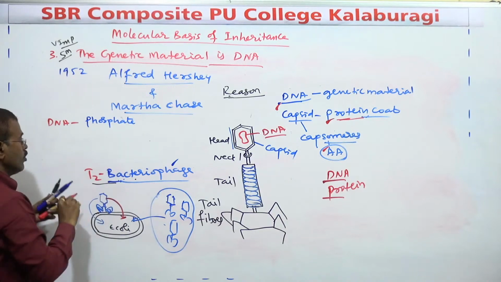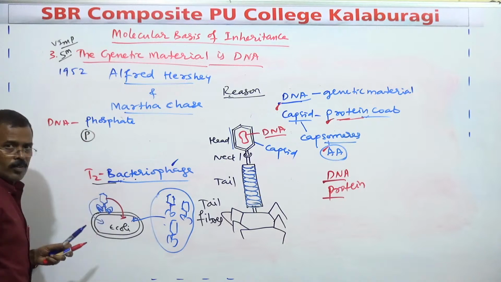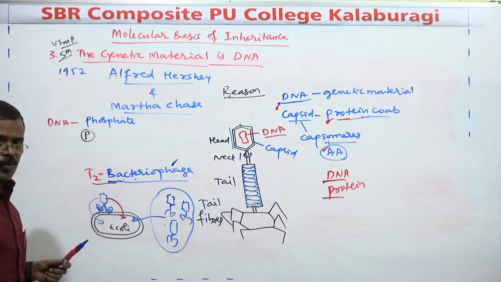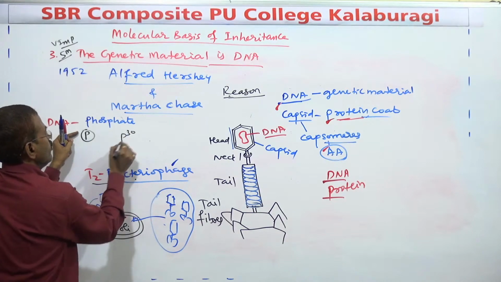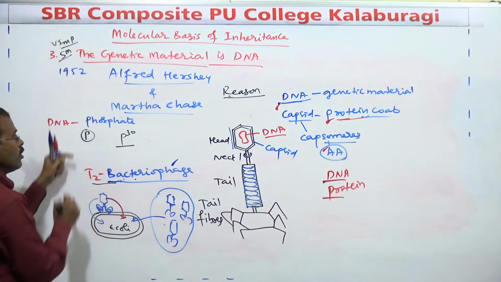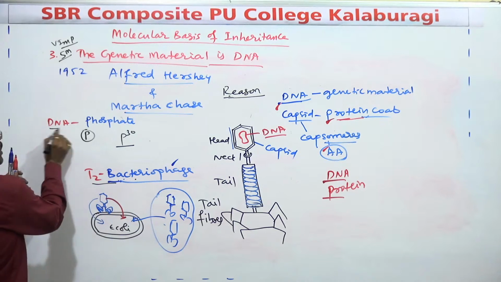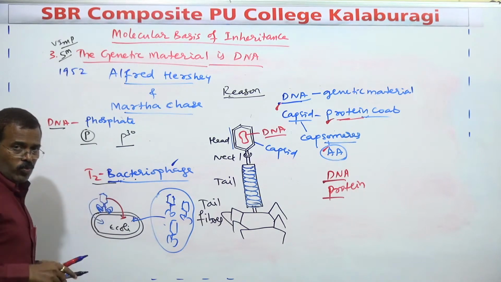So it has phosphate, the normal phosphorus, P30, atomic number 15, atomic weight 30. Normal. So this DNA possesses phosphate.